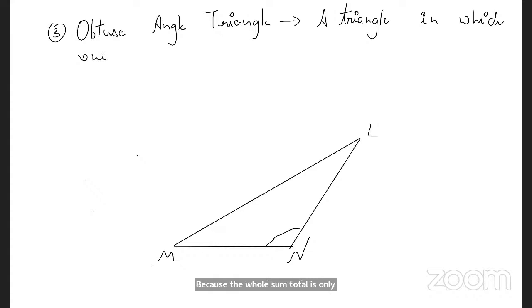Then what will be the third angle? It can only be 0 degrees, but that is not possible. It has to have some measure for a triangle to be made. So we have only one right angle and only one obtuse angle.